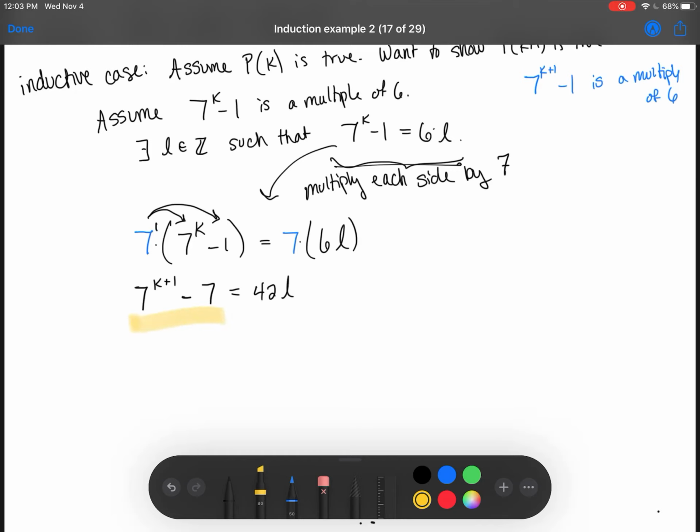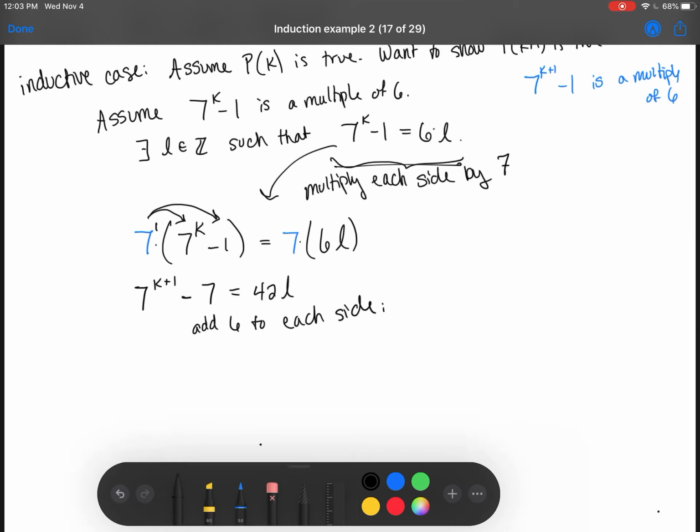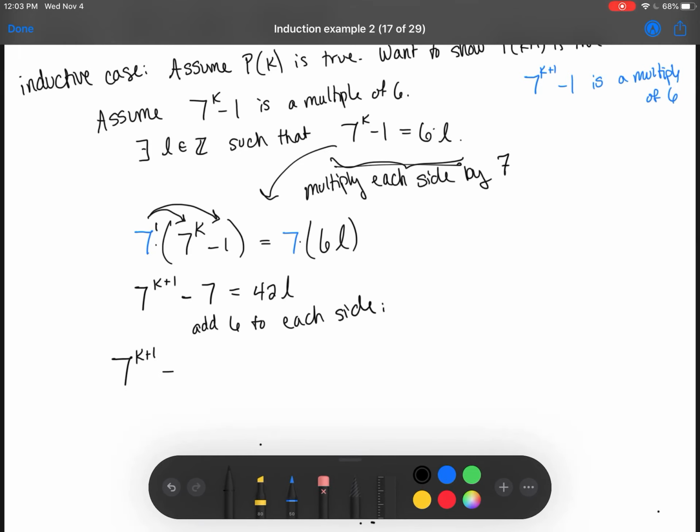What we just wrote down is close to what we're looking for. What we're trying to show is that 7 to the power k plus 1 minus 1 is a multiple of 6, but here we have minus 7. How can we make that look like minus 1? What if we just add 6 to each side? Then we would have 7 to the power k plus 1 minus 7 plus 6 is equal to 42L plus 6.